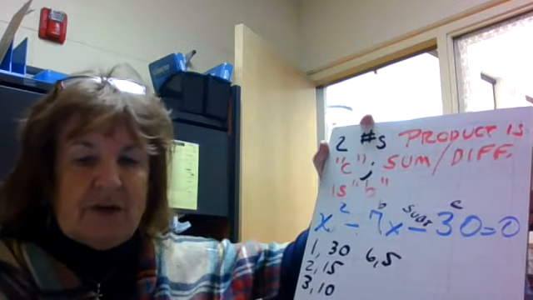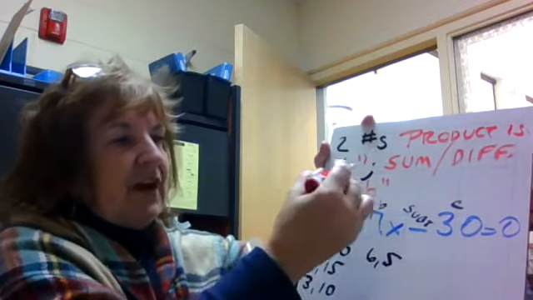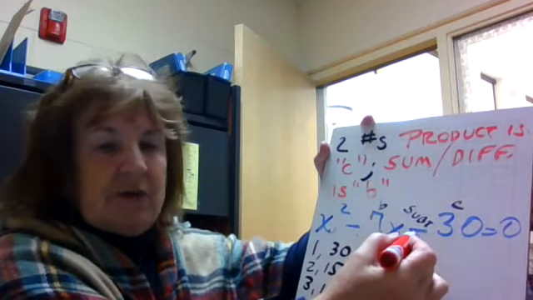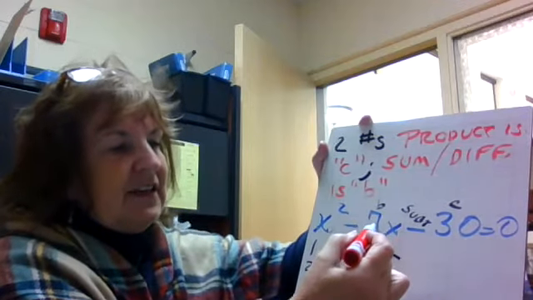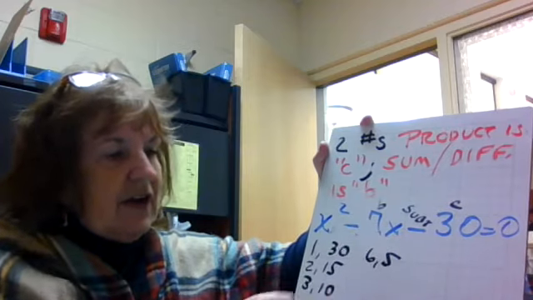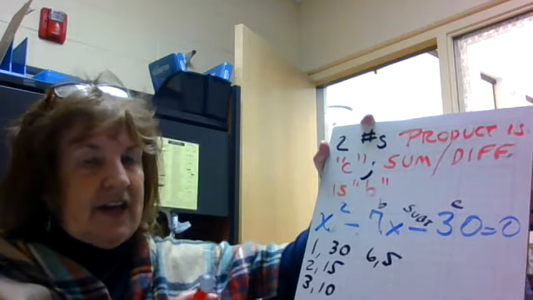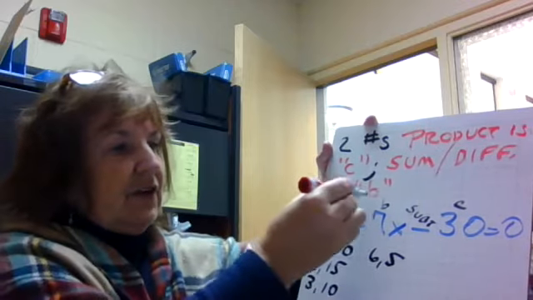Now we're going to narrow it down. My two numbers have a product of 30 and they must subtract, because that's a minus, to get 7. So I want the ones in here that subtract to get 7. And as a matter of fact, there will only be one answer.